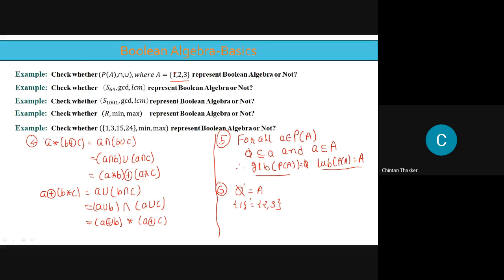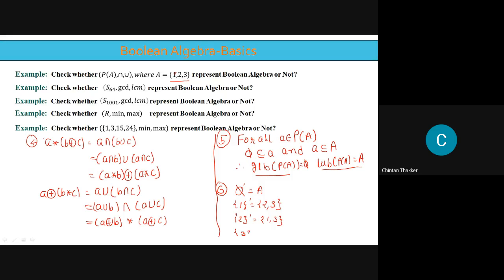Then singleton 2 dash is the double term 1 and 3.